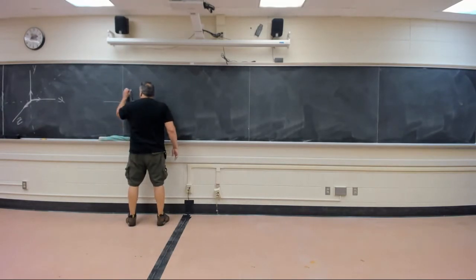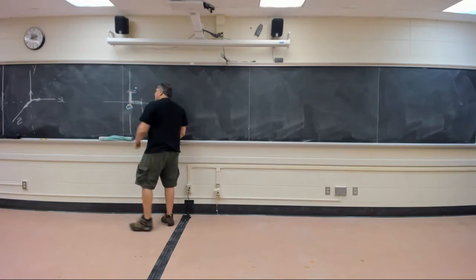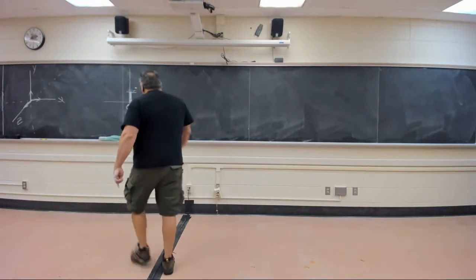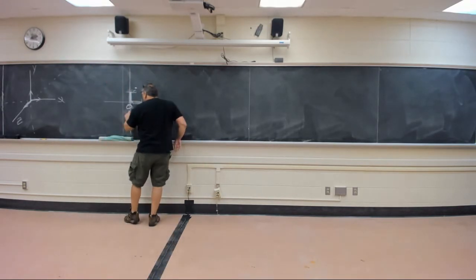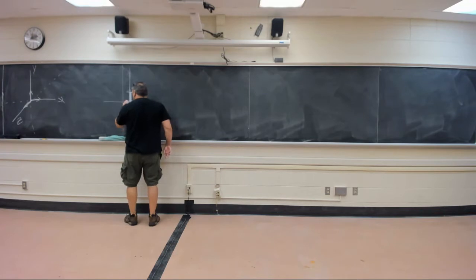If you go up the same exact distance, this is i. From 0 to i is a length of 1. It's also every bit as big as this is. If you go down here, you get to negative i. These are the complex numbers, the imaginary numbers.